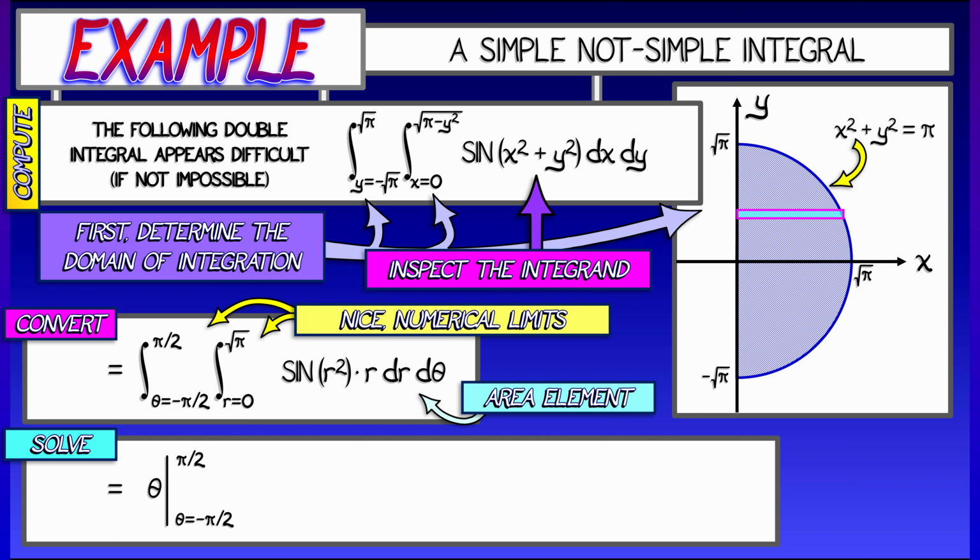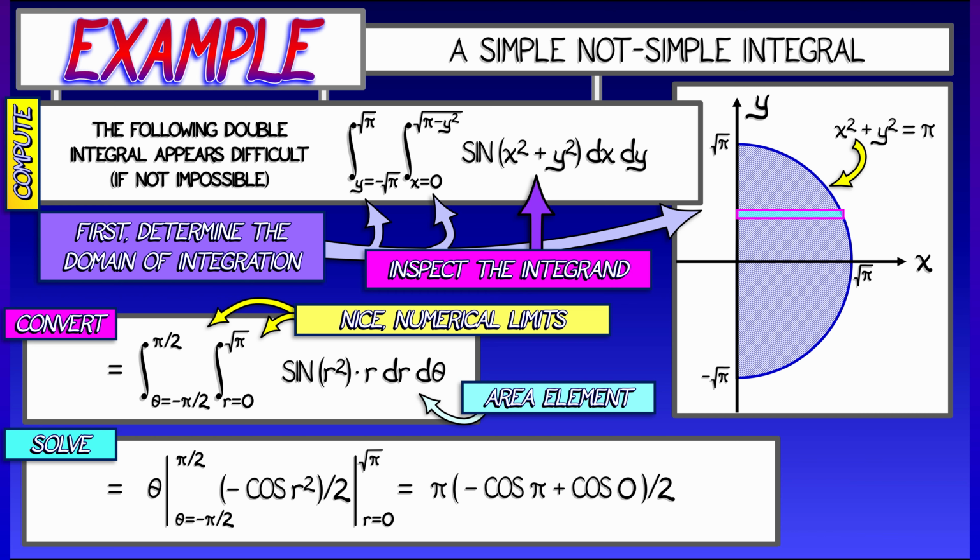Now, for the second part, the integral of r times sine of r squared dr, well, I can either anti-differentiate that in my head, getting minus cosine of r squared over 2, or I could do a more formal u substitution, letting u be equal to r squared and following the usual process. When I evaluate these integrals at the limits of integration, I get pi over 2 times quantity minus cosine of pi plus cosine of 0, giving me a final answer of pi.